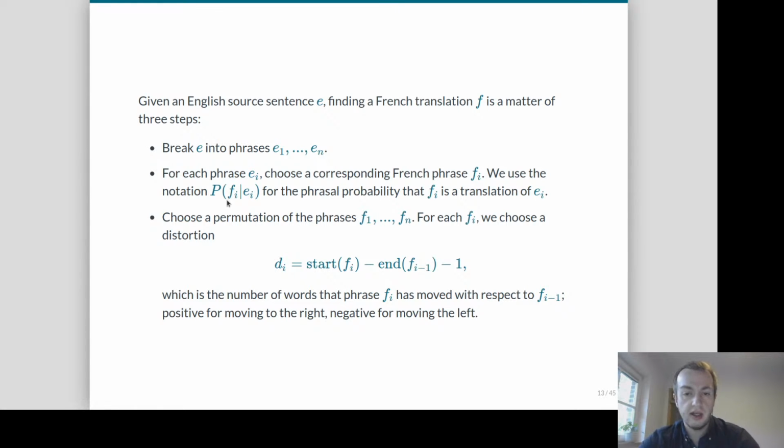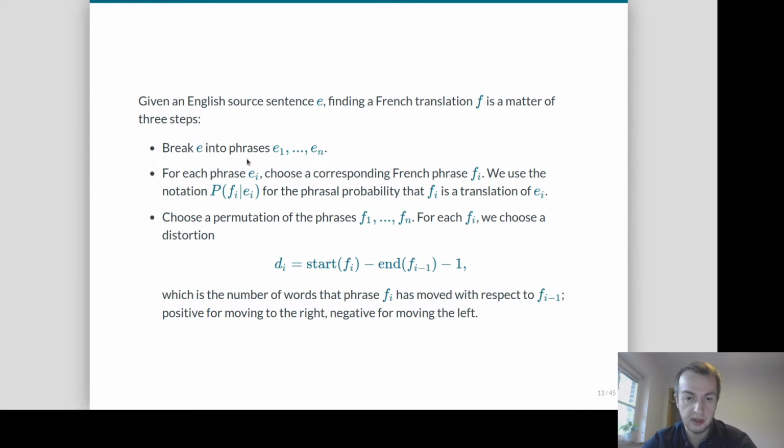Then we'll also define, because a sentence is composed of phrases, but from one language to another, the ordering of these phrases may change. So we'll need to define what is the permutation that should apply to obtain a good translation.